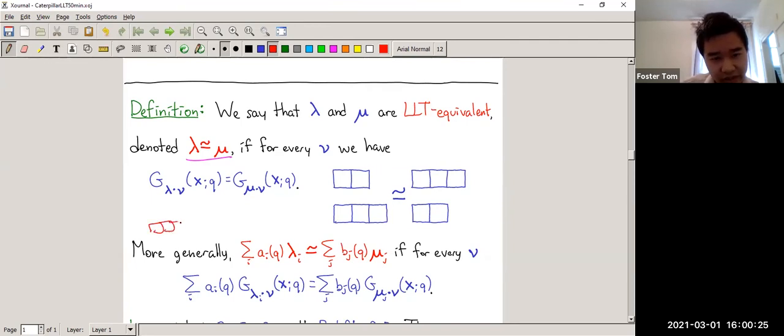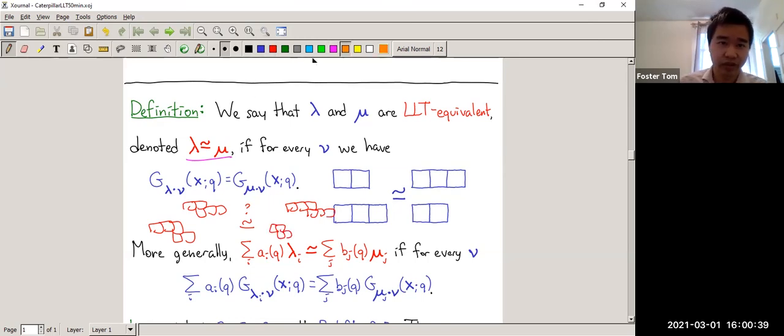If I have a collection of skew diagrams like this, and I'm asking whether it's equivalent to some other collection, it's necessary that you have the same collection of rows. If you took all of the skew diagrams and split up the rows, they really do just need to be permuted in some way. So I've managed to find a necessary condition like that. Cool.